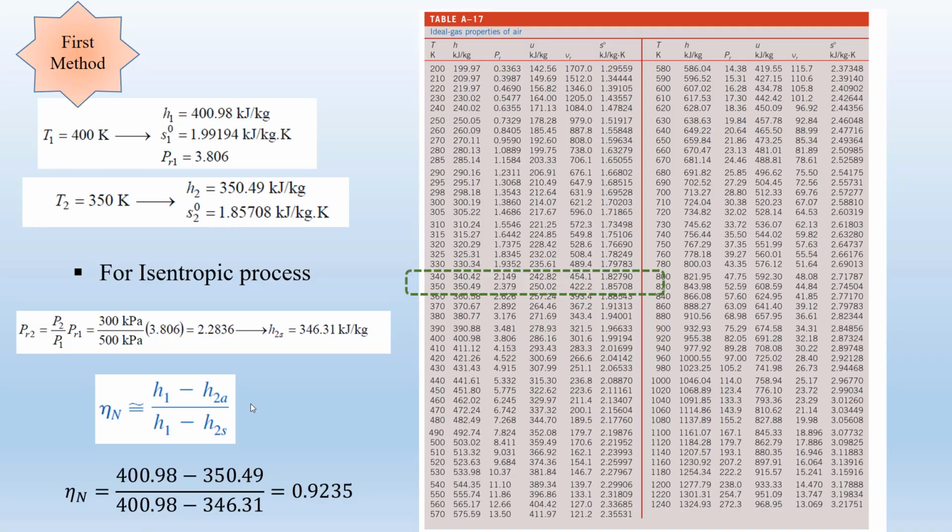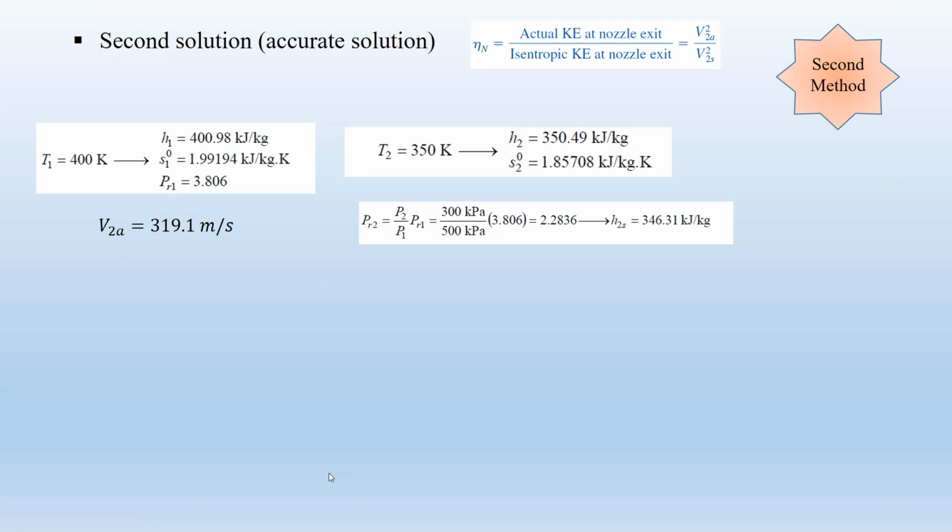Now let's use the first equation to calculate the isentropic efficiency of nozzles. Keep in mind that it equals V2A squared over V2S squared, correct? And then we can compare the results with this correlation. So this is the second method to calculate the isentropic efficiency.